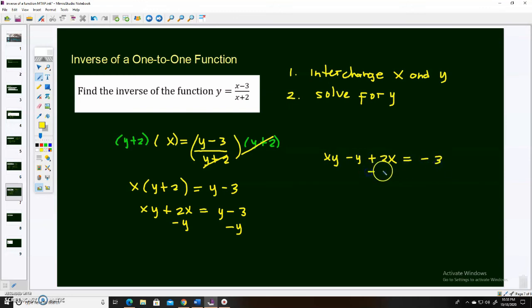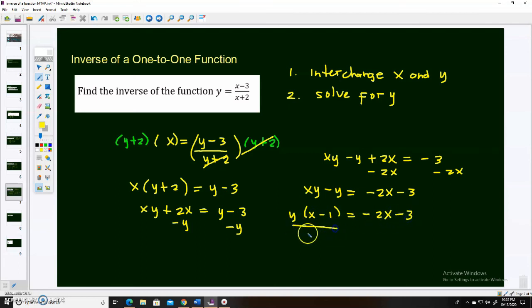Then let's subtract 2x from both sides, so we get xy minus y equals negative 2x minus 3. Solving for y, we have to factor out y, and we get y times x minus 1 equals negative 2x minus 3.